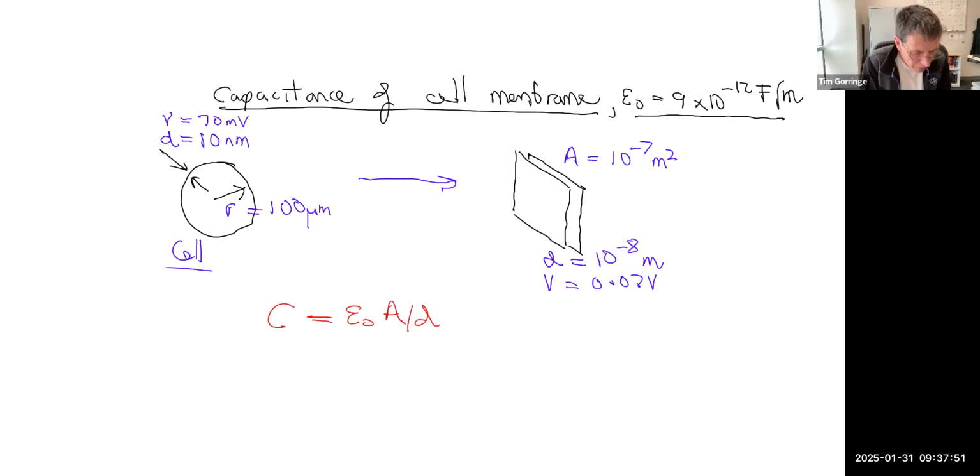Epsilon naught is this constant, like the Coulomb constant, characterizing the strength of electric forces, the strength of electricity. Its value, we're working pretty approximately here, is about 9 times 10 to the minus 12 in SI units. I've written those SI units as farads per meter. There are other ways that you can write the SI units for epsilon naught.